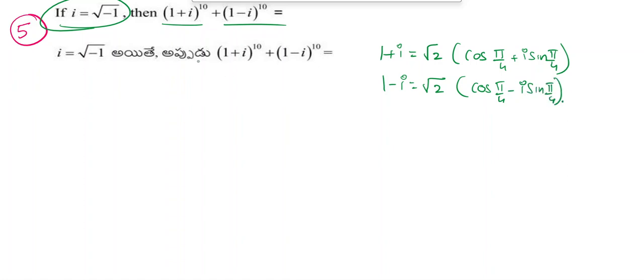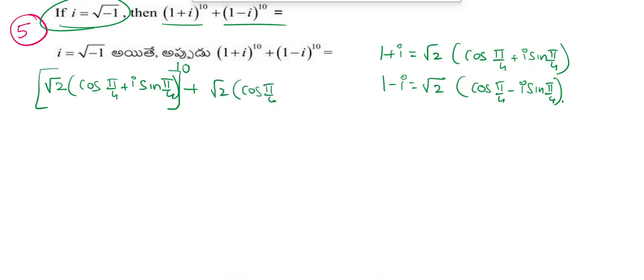Substituting these two values in the given question, that is (1 plus i) whole power 10, that is root 2 into (cos pi by 4 plus i sin pi by 4) whole to the power of 10 plus root 2 into (cos pi by 4 minus i sin pi by 4) whole to the power of 10. This is root 2 whole power 10.